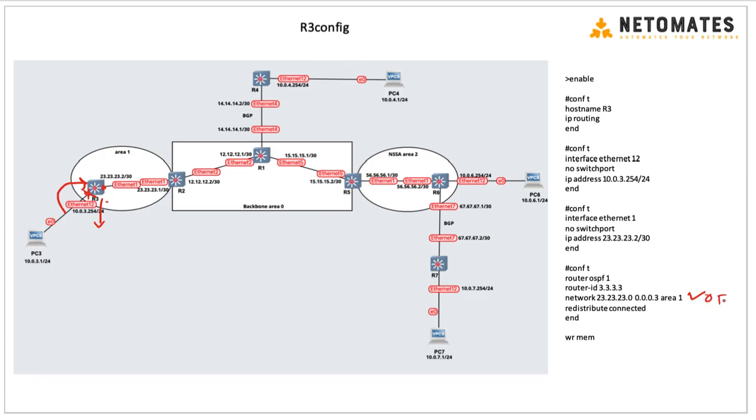This will become an OE, an OSPF external route. That's how we are advertising the PC3 network into OSPF on R3. Then R3 will advertise it through LSA, and R2 will forward it to all other routers in the same area through OSPF link state updates, link state advertisements.